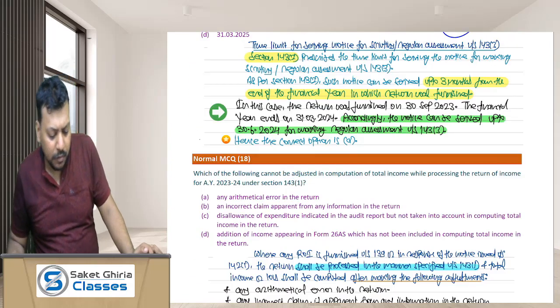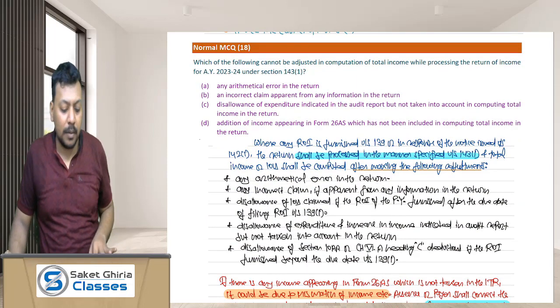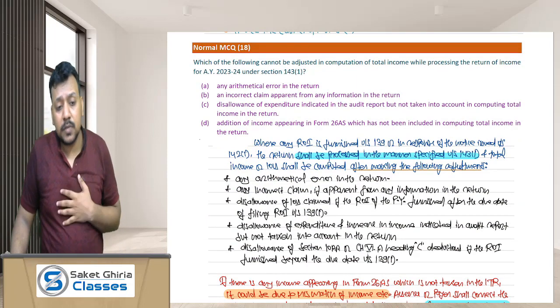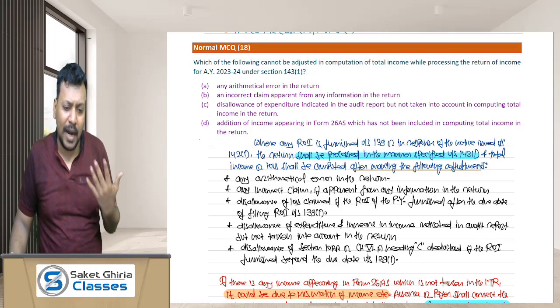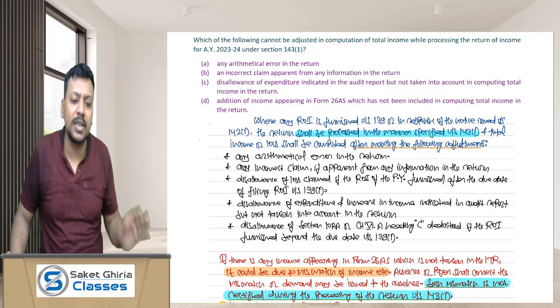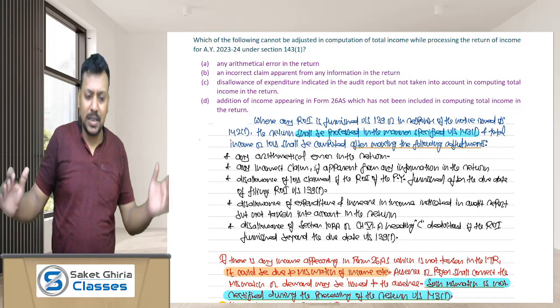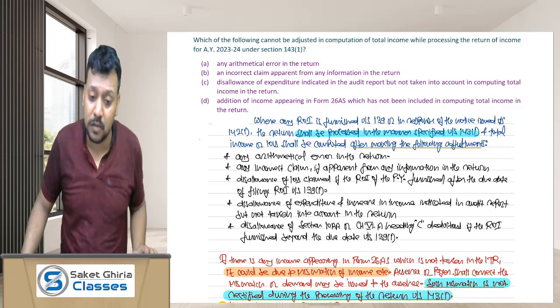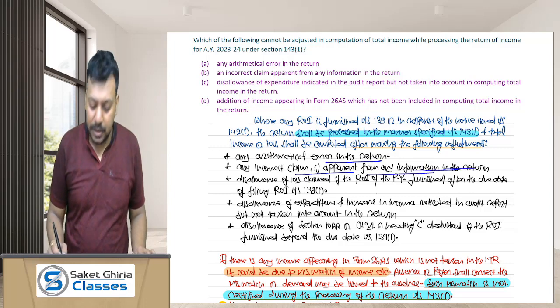Moving forward, which of the following cannot be adjusted in computation of total income while processing the return of income under section 143(1)? Dear friends, when the return of income is being processed under section 143(1), there are 5 items which would be automatically adjusted without the need of any scrutiny assessment or assessee-department interaction. And what are these 5 items? Sir, any arithmetical error in the return. Second is any incorrect claim apparent from any information in the return.